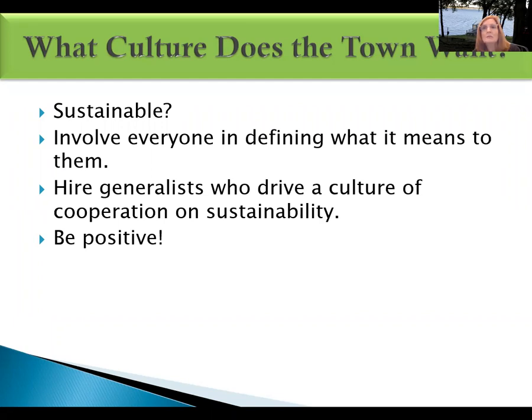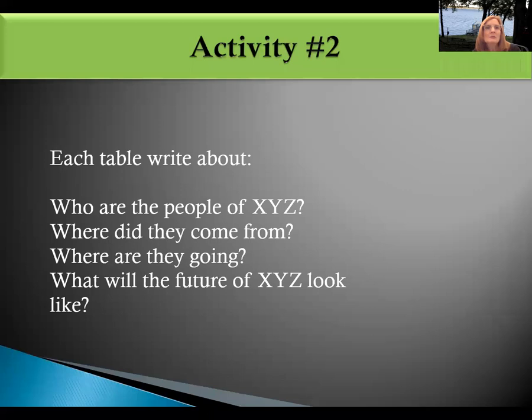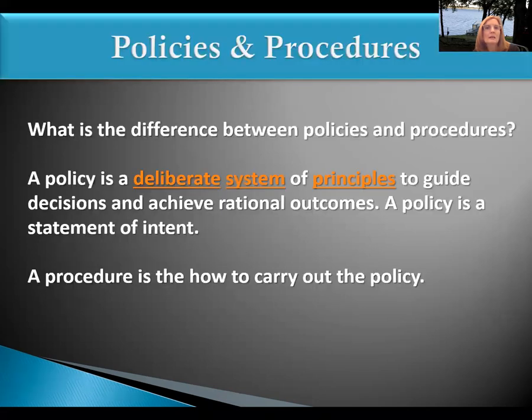Is it the same or different from what you have? And then you would go into an activity where you will write down who, where, and what you want your organization to look like. And then after that, we go back and talk about policies and procedures in your organization.